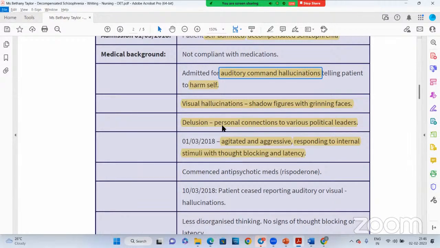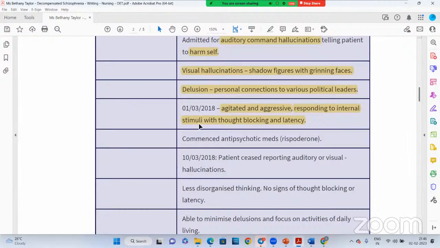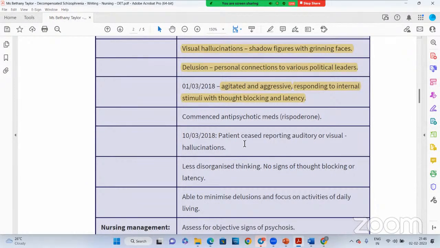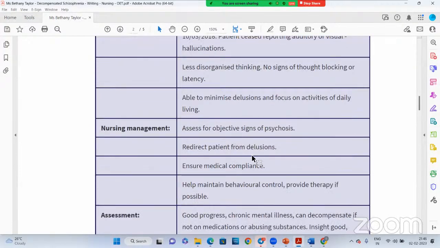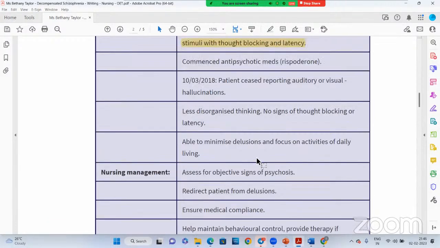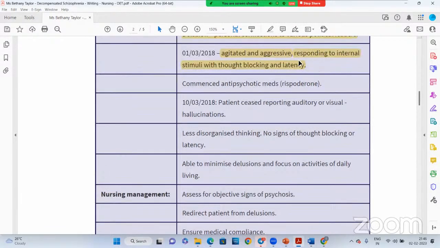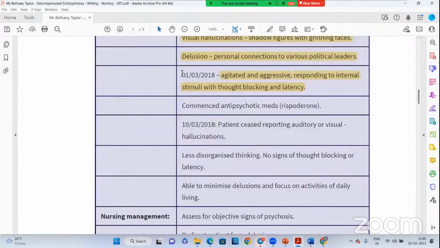Okay, now let us see during hospitalization. This is finished. So this till here it is gone. Then this is all nursing management only. After admission, what happened? Commenced, and this commenced means continuation.